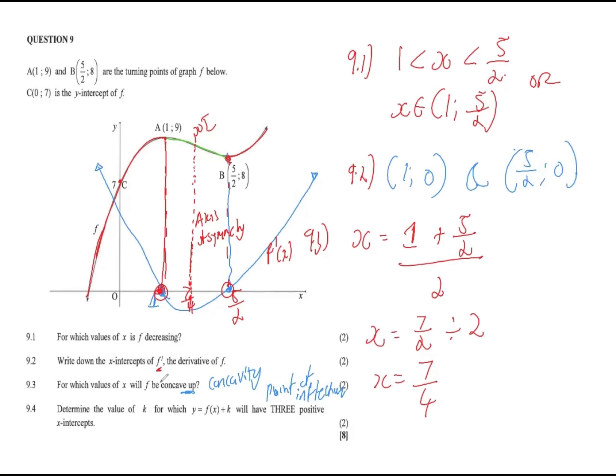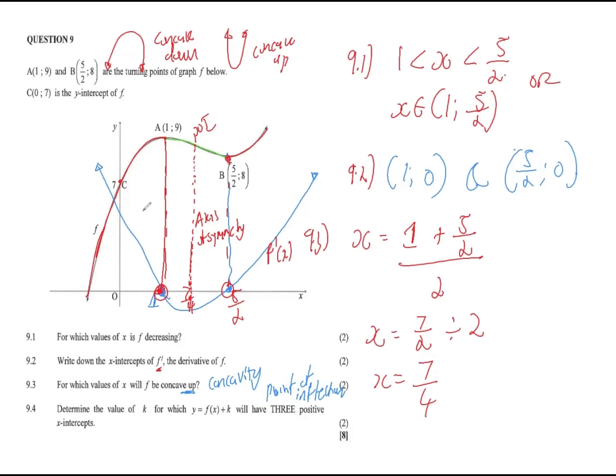Right. But remember, we are trying to answer where it is concave up. Dealing with concavity, this shape means concave down, and this shape means concave up. So where do we see this shape on our cubic function?